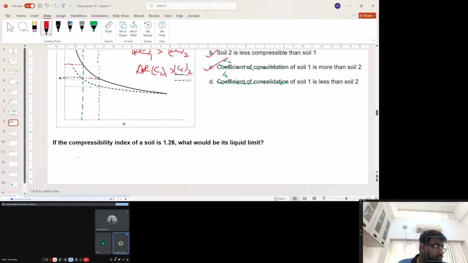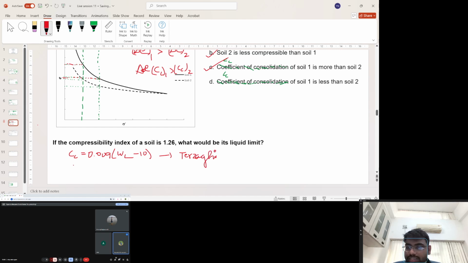So there are two relations for Cc. One is 0.009 into (liquid limit minus 10), which is given by Terzaghi and Peck.